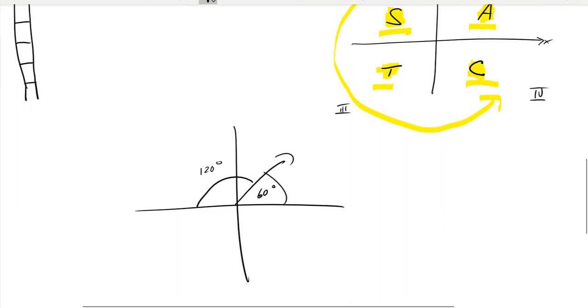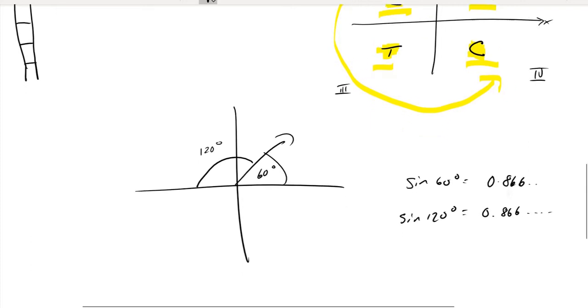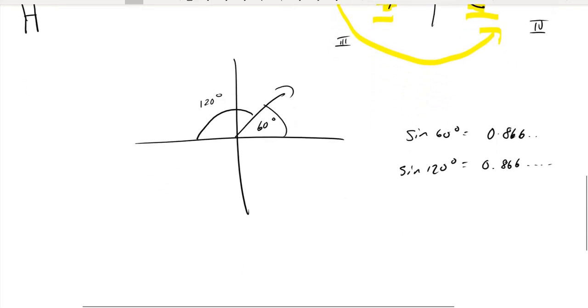But sine of 60 comes out to be 0.866, and then we've got some more values that follow that, versus the sine of 120. Also evaluates to 0.866, and so these two values are the same. The sine of theta is equal to the sine of 180 minus theta. And that's exactly the relationship that we have here.